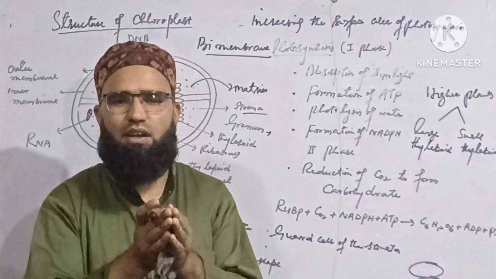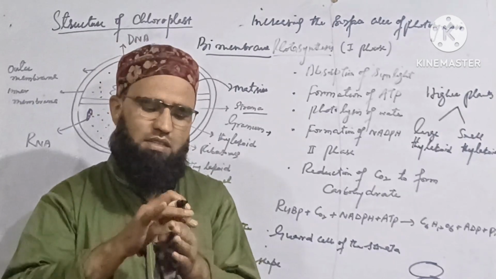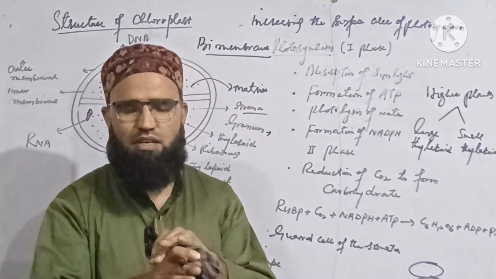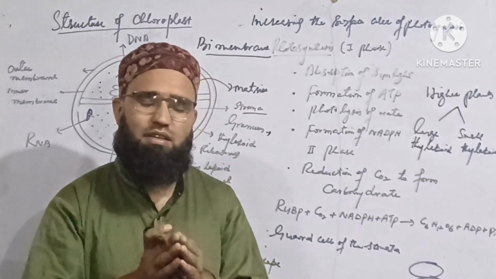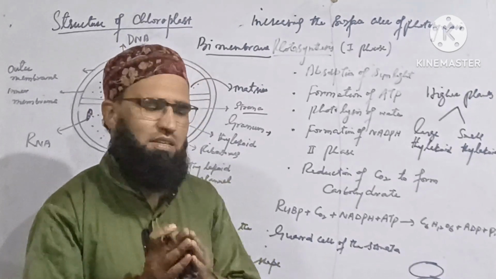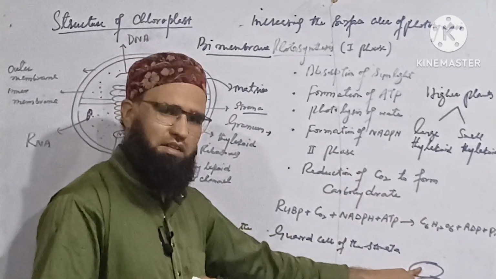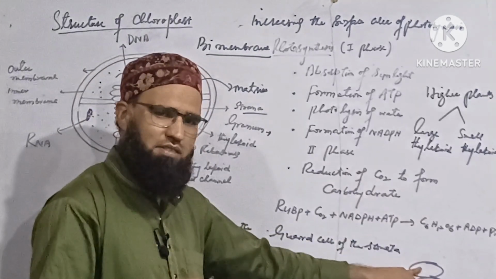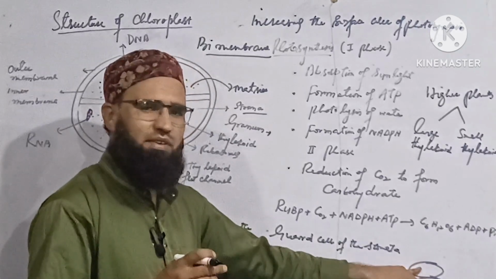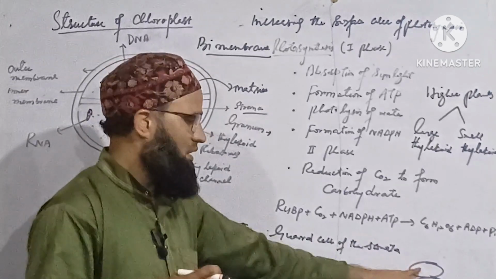If we close two hands, you can see this end is bulging outward and this end is also bulging outward. It is called biconvex. Same is the case with this thylakoid, it is a disc-like structure, it is also biconvex, and both ends of it are bulging outwards.